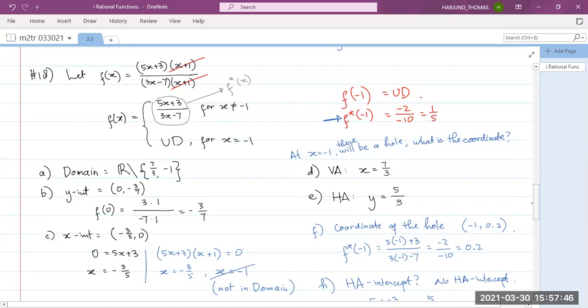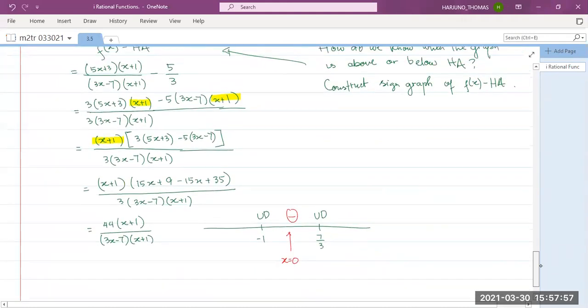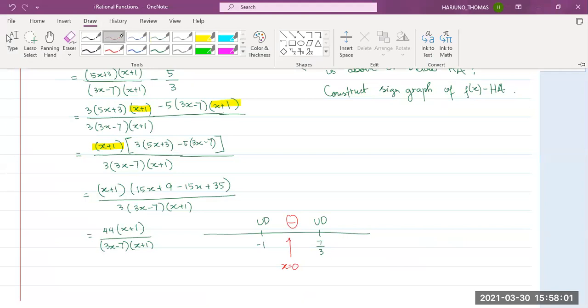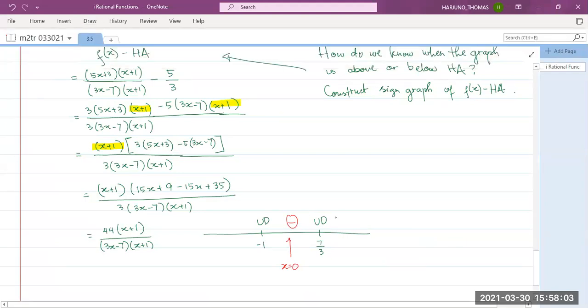Yeah, it's 5x plus 3 and then 3x minus 7. Okay, and then coming back here, 7/3 is a critical number with multiplicity of 1, so I change the sign. -1 is a critical number with multiplicity of 2, so I don't change the sign.